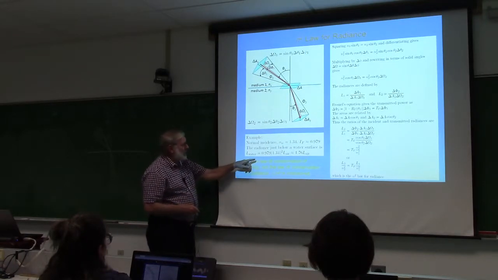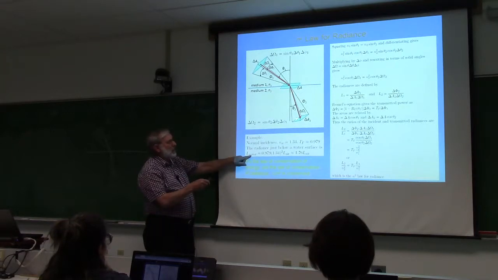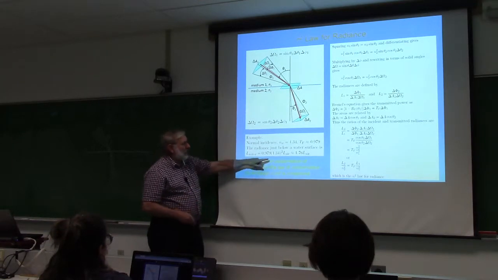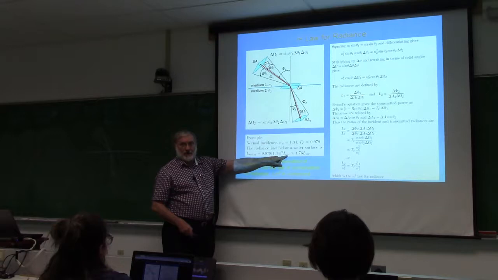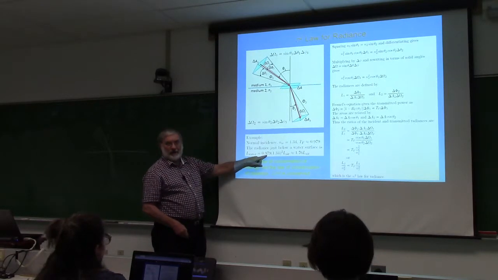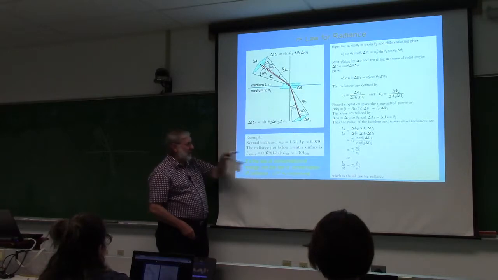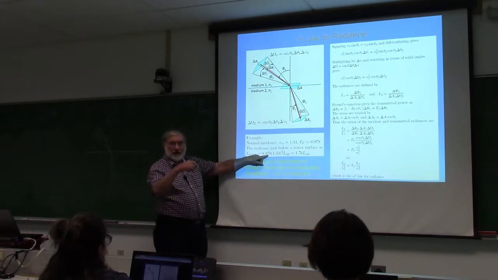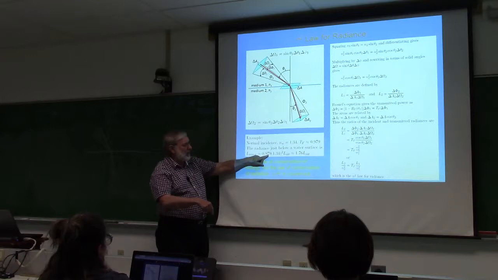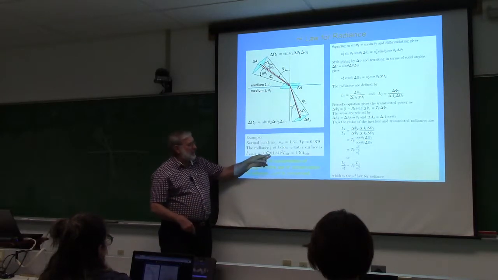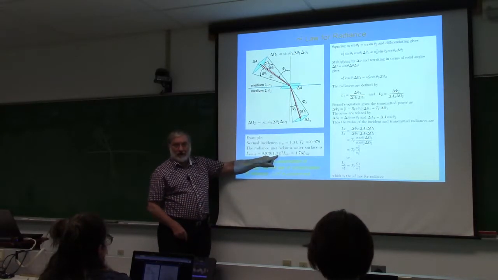So really, if you want to get the radiance in the water here, well, you take what you started with in the air, maybe 2% of that's reflected by the surface, so 97% or 98% gets through into the water. But now that same energy is going into a smaller solid angle.